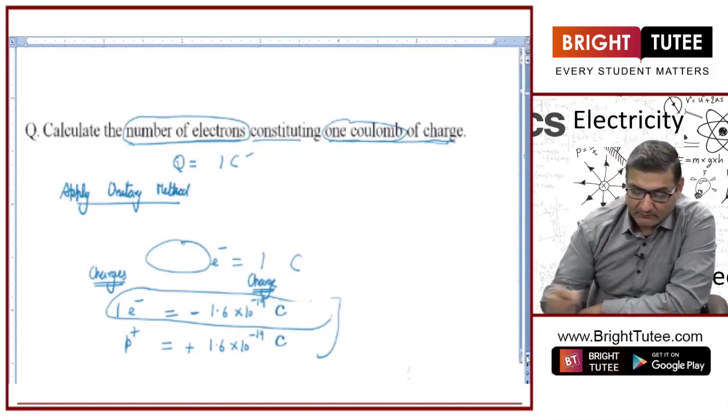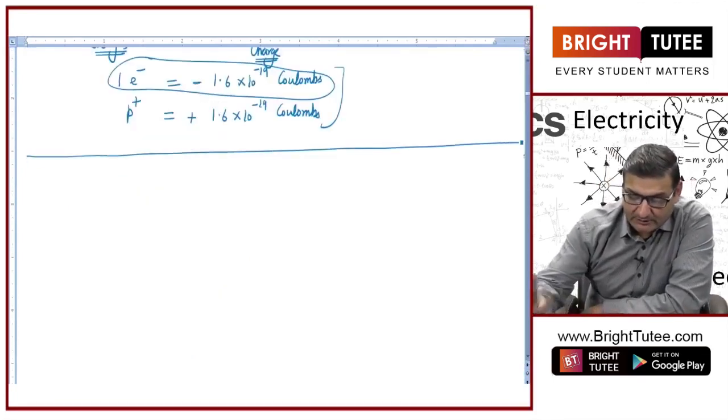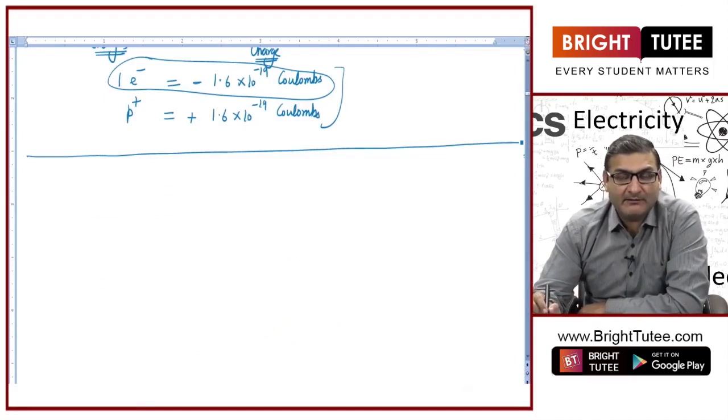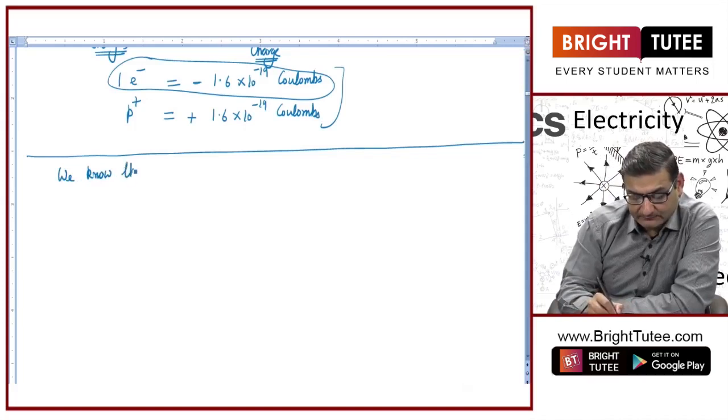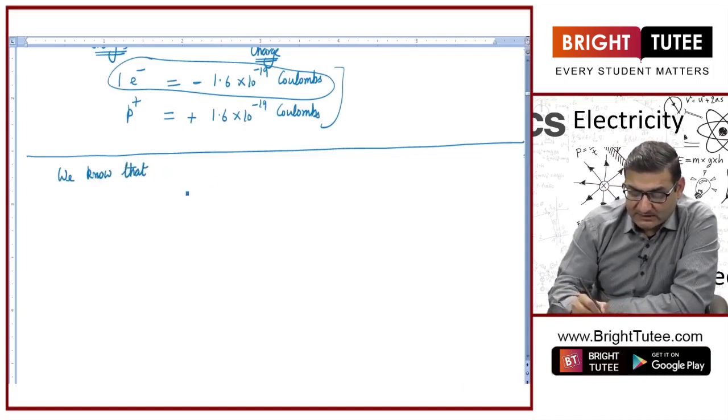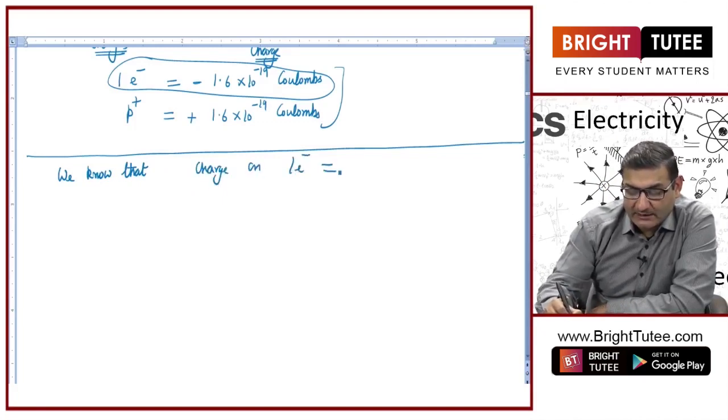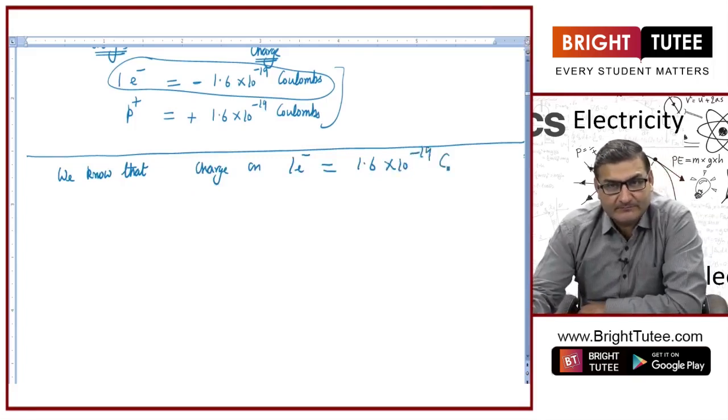In this, what exactly was given in the question? We have to calculate the number of electrons. Now, I will start with: we know that the charge on one electron is equal to 1.6 into 10 to the power minus 19 coulombs.